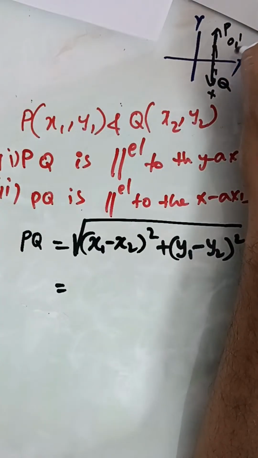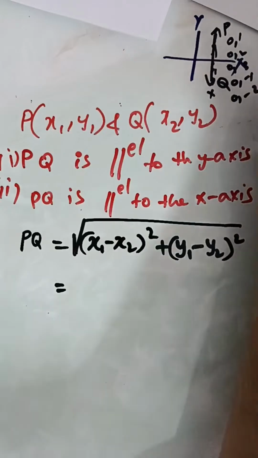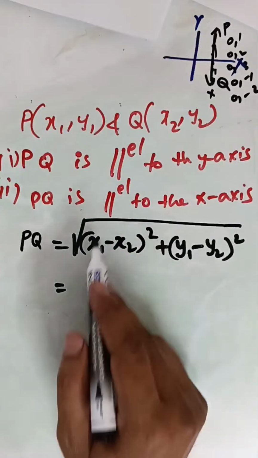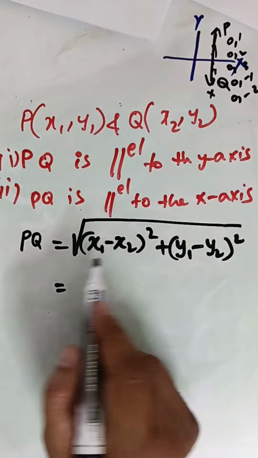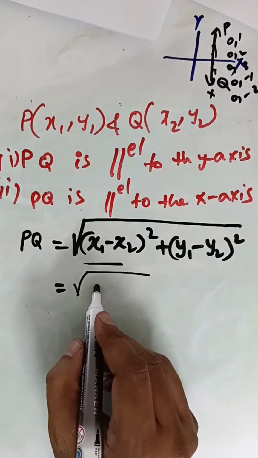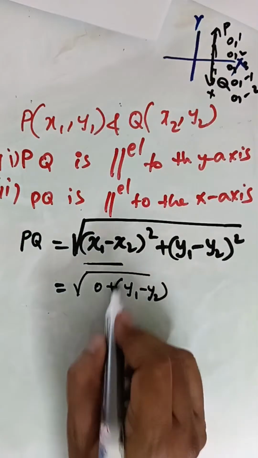Maybe 0 1, 0 2, 0 3, 0 minus 1, 0 minus 2, right? So all the x values are similar. So here the formula will become, if x are similar, this will become 0. So 0 plus y1 minus y2 whole square.